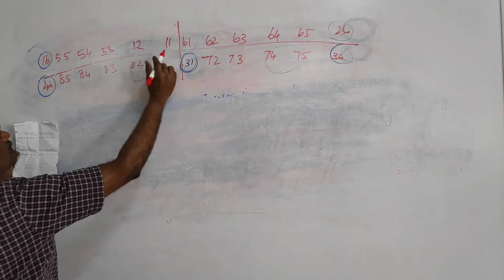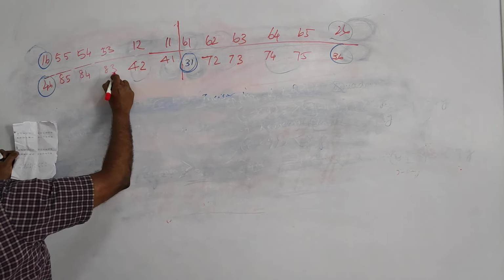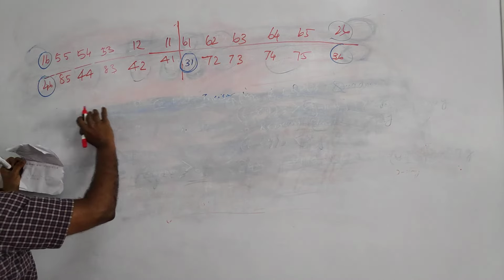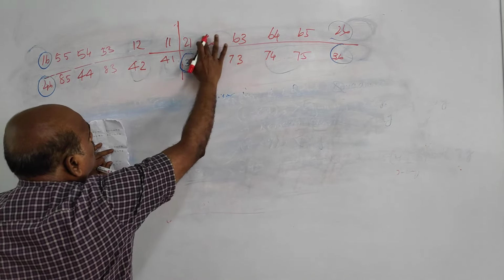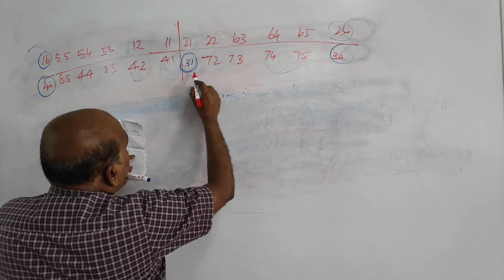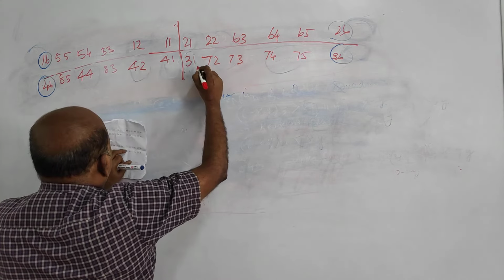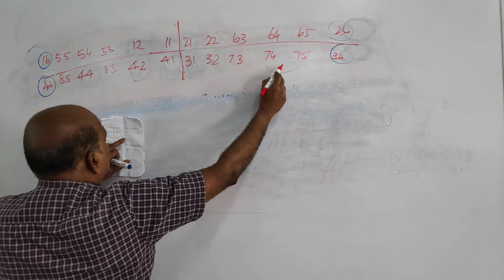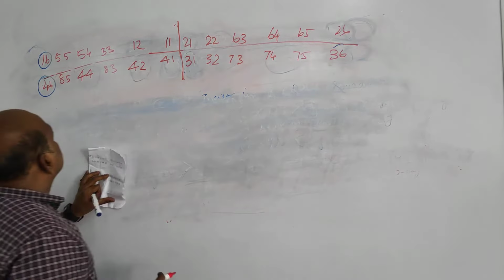Here also 4 1, 4 2, 8 3, but here 4 4, 8 5, 4 6. 2 1, 2 2, 6 3, 6 4, 6 5, 2 6. Here also 3 1, 3 2, 7 3, 7 4, 7 5, 3 6. Okay, 3 6. Here also 2 6, like that.